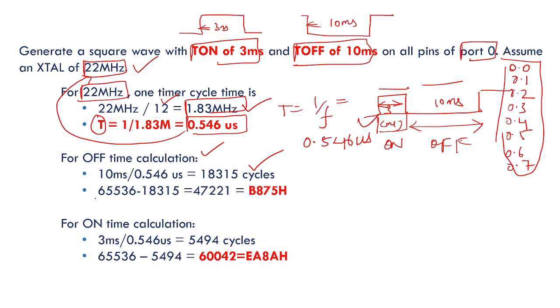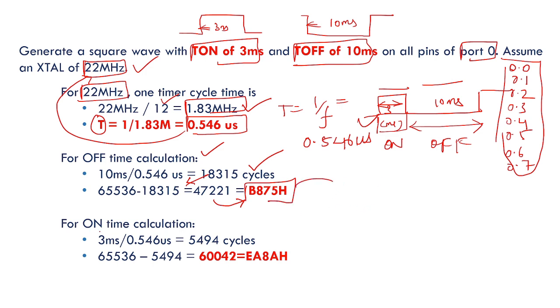What is the maximum count of a 16-bit counter? 65,536, minus 18315, you get 47,221. Converted into hexadecimal, B875H. This is the value you want to load in the timer register.